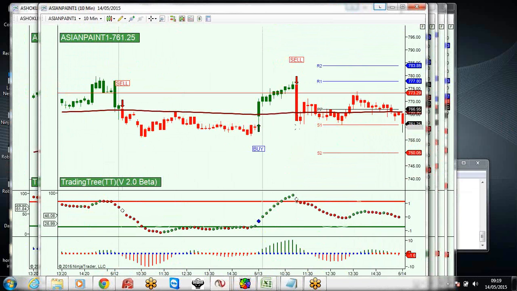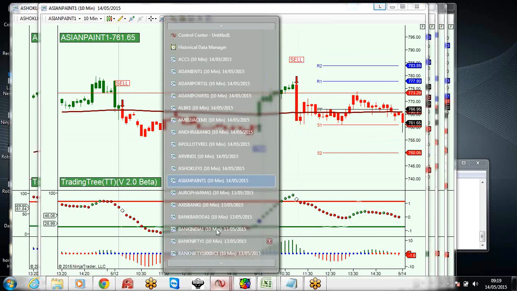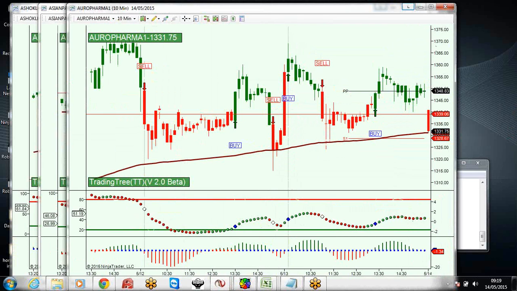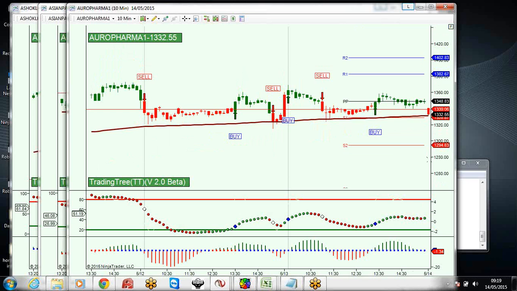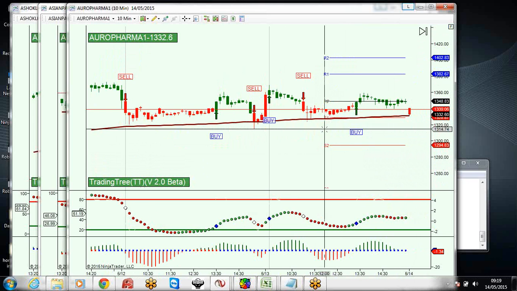Asian Paints, you can short it at this level, 756. So that's a gap down for Arvind Pharma. You can short at this level, 1314.